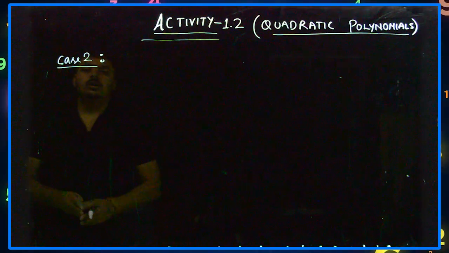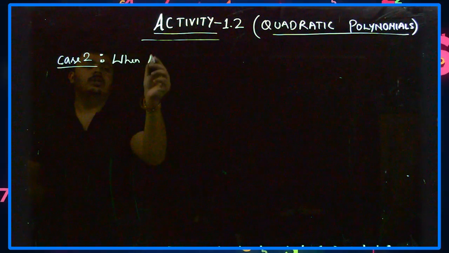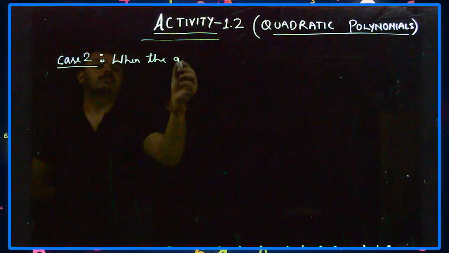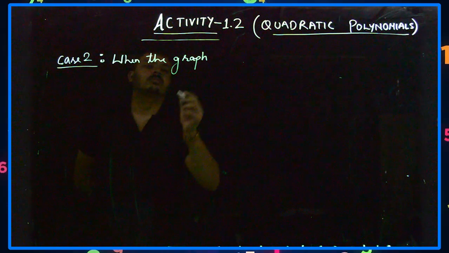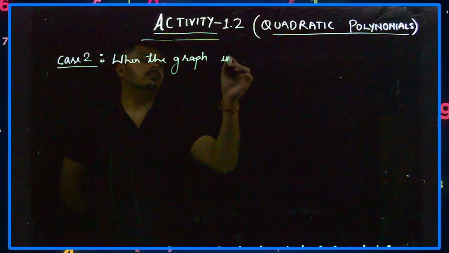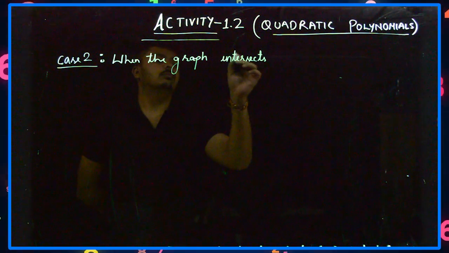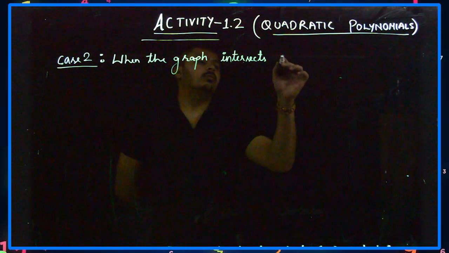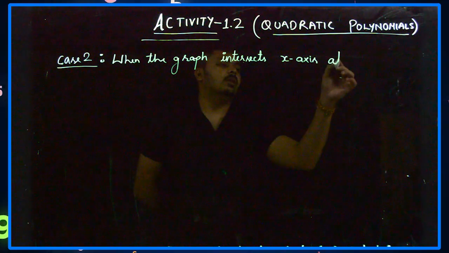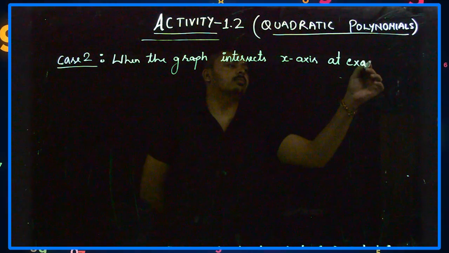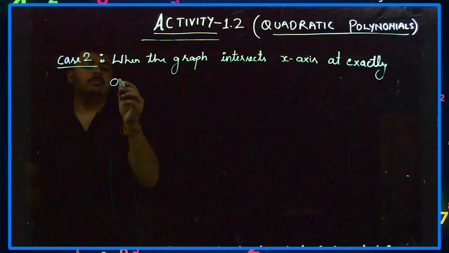So our case 2 is when the graph intersects x-axis at exactly one point.